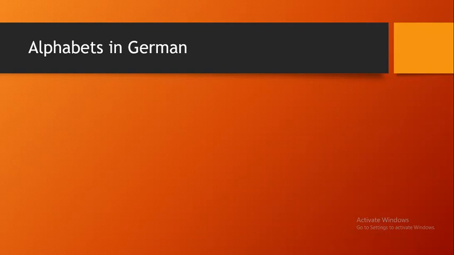So let's get started. The alphabet A in English is exactly the same in German. Like I said, the alphabets in German and English are the same. The letter A is pronounced as "ah". B is pronounced as "bay".